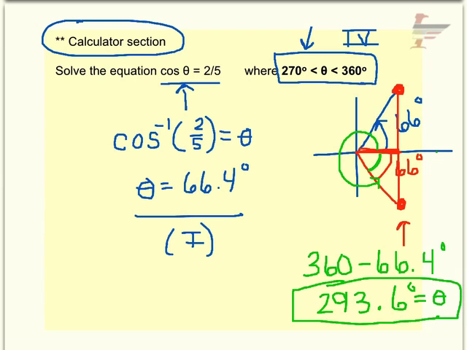Let's make sense of this. Once you get your angle in the wrong quadrant, place it in the correct quadrant, make sure that the cosine value is identical in that quadrant, and then figure out how you can get there. I could take 180 plus 90 plus whatever this angle is, or I could take 360 minus that 66 degrees, which is what I did. Just really think it through.